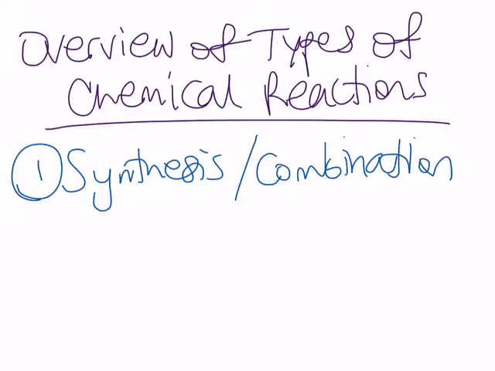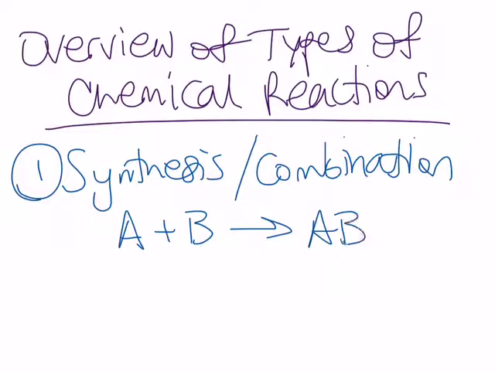So a synthesis reaction in general, you could say A plus B goes to AB. And the key here is one product. If you see a reaction that has one product, you should think synthesis reaction.